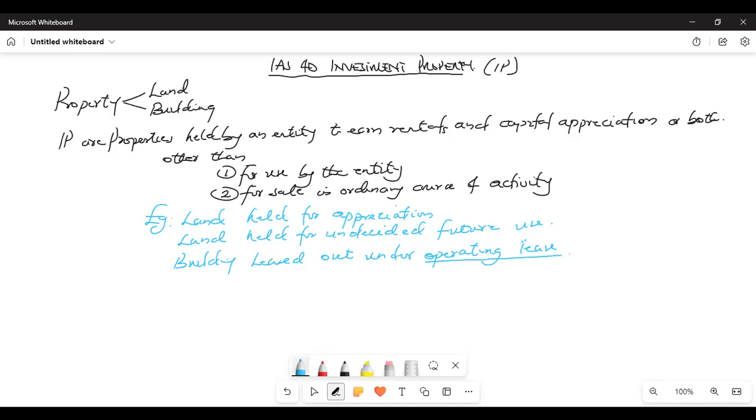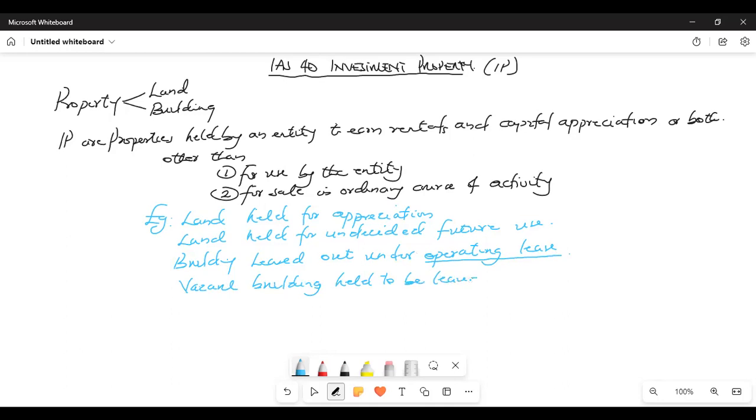Okay. Then if you have a building, let's say a vacant building. So many buildings are in town, they are vacant, and they are held to be leased out.